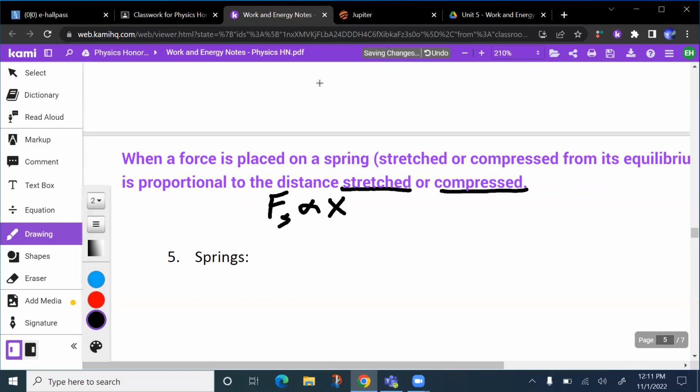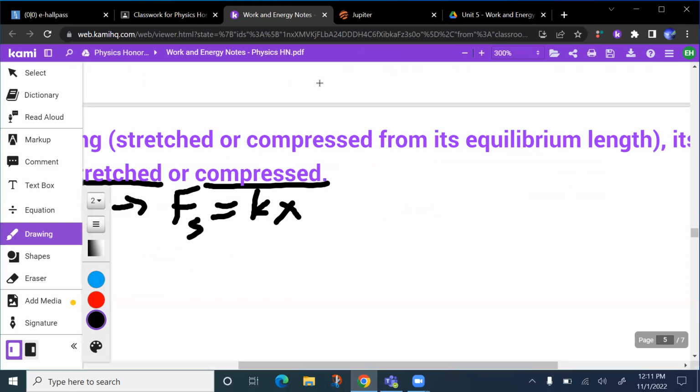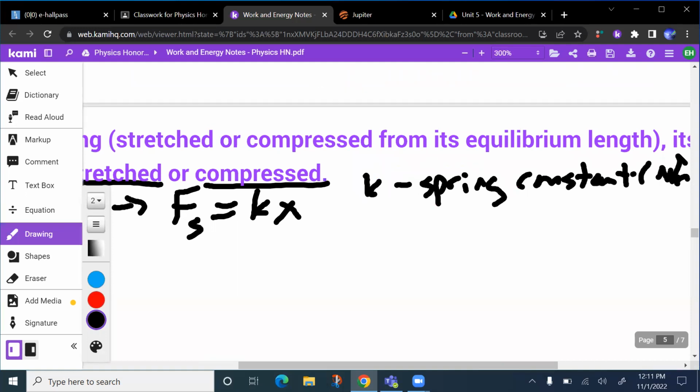Now, the actual equation for it is spring force equals kx, where k is the spring constant. Talked about this earlier. K is the spring constant, which discusses how stiff a spring is going to be, how much force it takes to move it a meter, and x is the distance stretched or compressed.